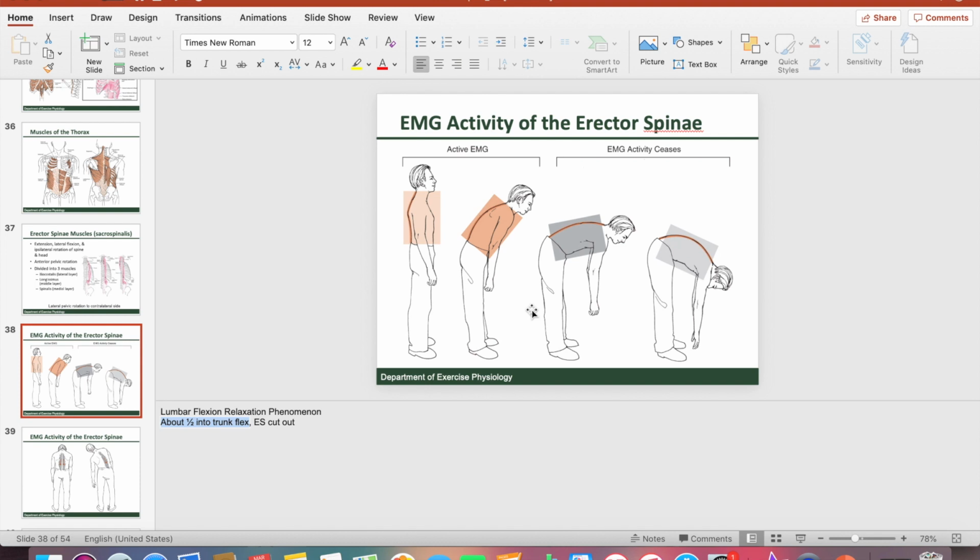They went through the same procedure of putting on the EMG electrodes and going into trunk flexion to see where erector spinae cuts out. As you could probably guess, the inactive individuals had their erector spinae cut out sooner. In the active individuals, it stayed active longer into trunk flexion, thus providing more protection. So it's a huge advocate to definitely remain active and maintain good posture.